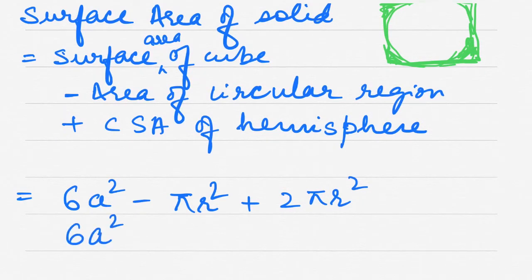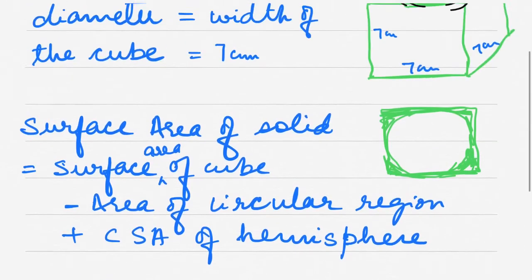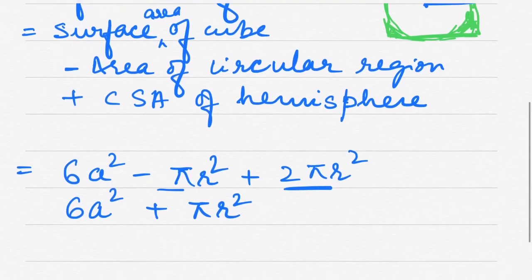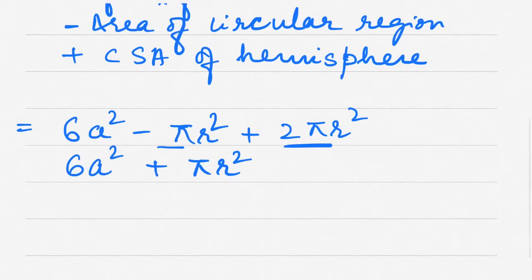Now I can consolidate: minus πr² and plus 2πr², since the radius of the circular region and the hemisphere is the same, gives πr² only. Now what is the radius of the hemisphere? The radius is 7 by 2 centimeter.